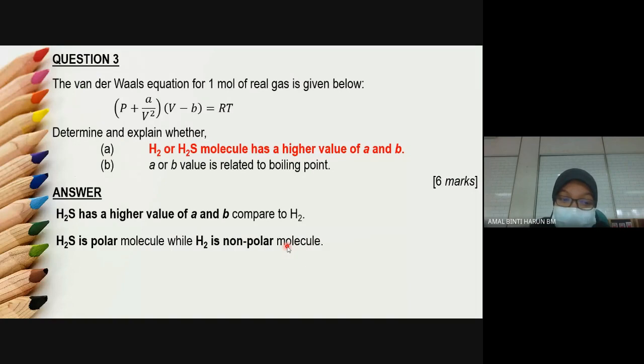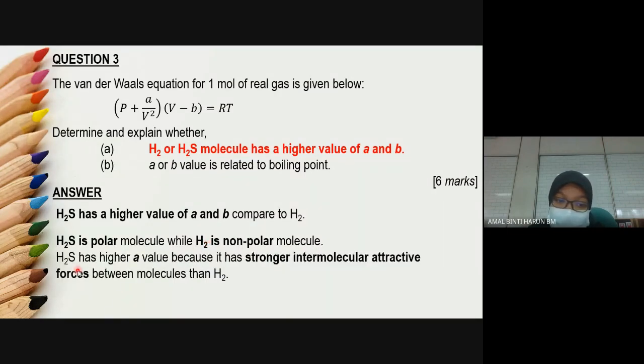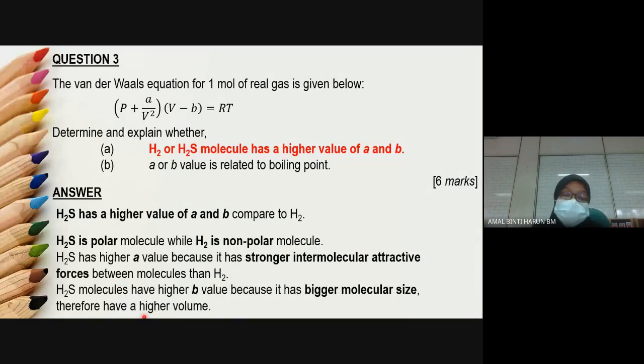This is because H2S is more polar than hydrogen. Hydrogen is non-polar. So H2S has a higher value of A. Why? Strong intermolecular forces, a polar molecule is stronger than a non-polar molecule. Therefore, the H2S molecule has a higher B value because it has a bigger molecular size, therefore the volume is higher.